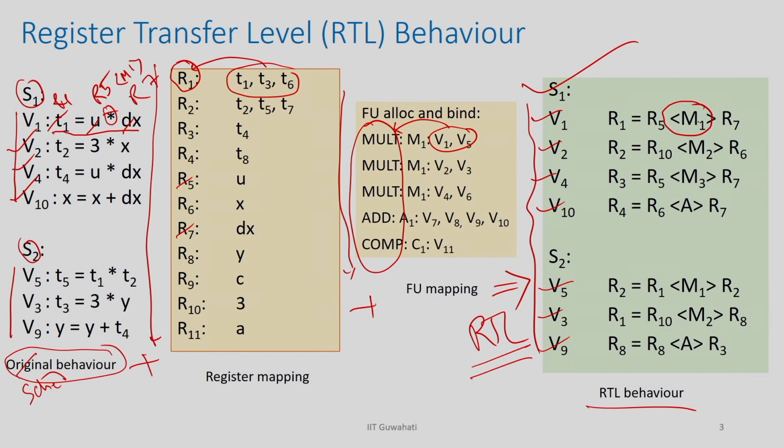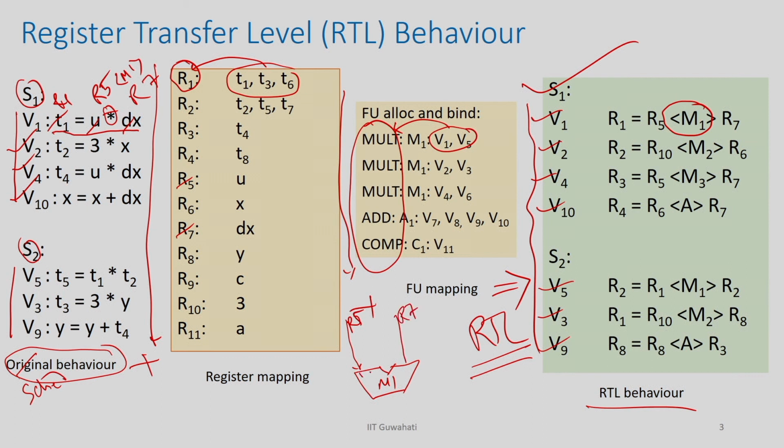If you just think about M1, suppose this is your FU M1, which is multiplier 1. In time stamp 1, R5 will come here and R7 will come here.